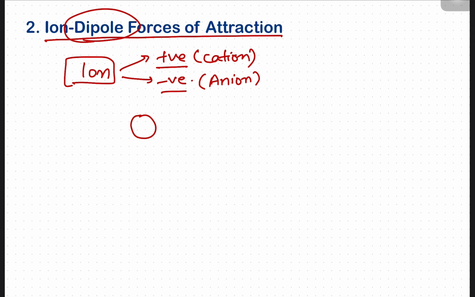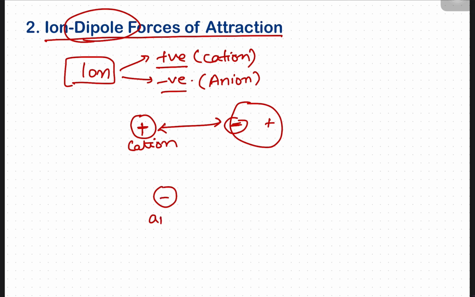So when an ion, let's say a cation, approaches a dipole, the positive charge will have a force of attraction with the negative end of the dipole. Similarly, if an anion approaches a dipole, then the negative charge will have attraction with the positive end of the dipole.